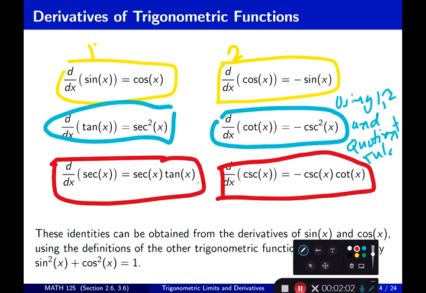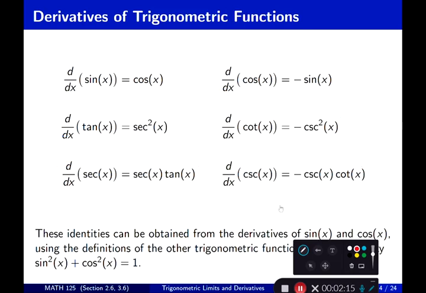Before getting to showing a couple of these, it's worth mentioning there are two sets. If you see, we divided all the derivatives into two sets, right in the middle, and they are each trigonometric function and its co-function.